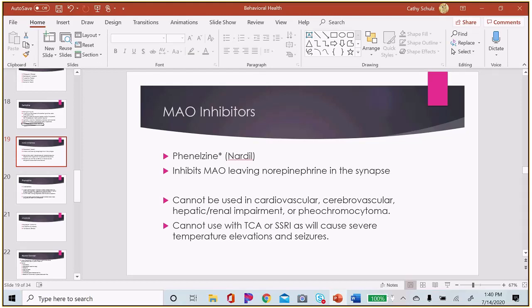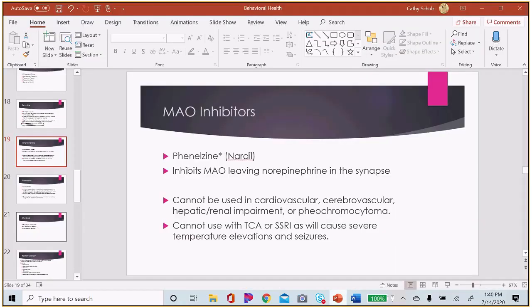This is a different MAO, monoamine oxidase inhibitor, that is operating, which decreases the breakdown of norepinephrine in the synapse. So we are stopping norepinephrine from being broken down in the synapse. If norepinephrine stays in the synapse longer, we might have an improvement of symptoms.